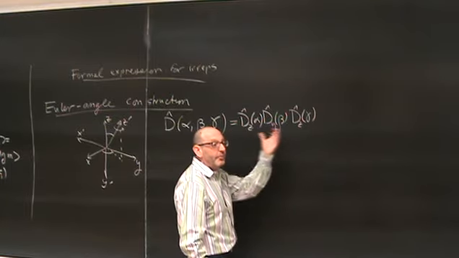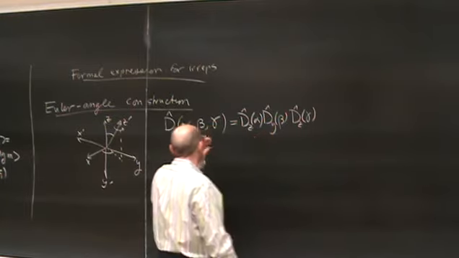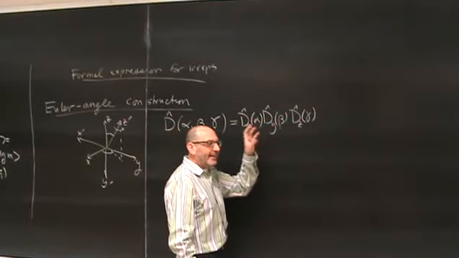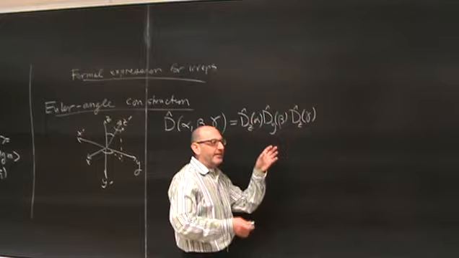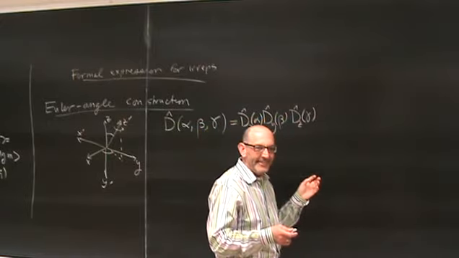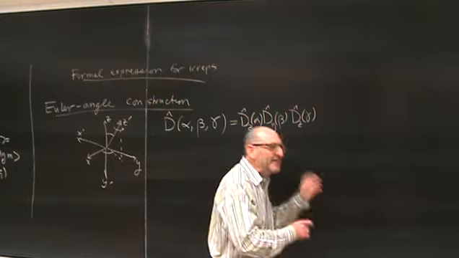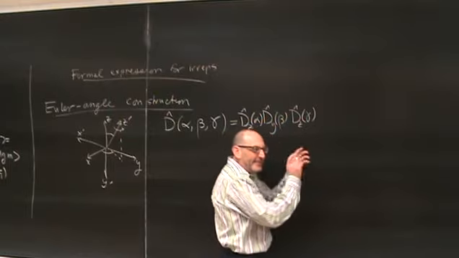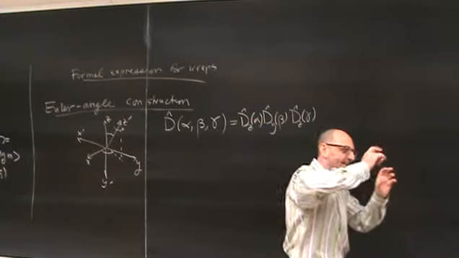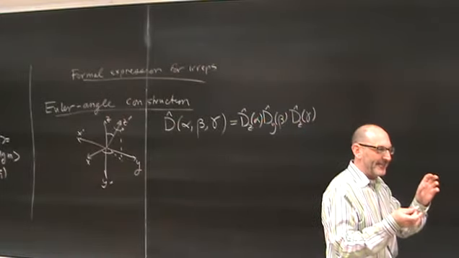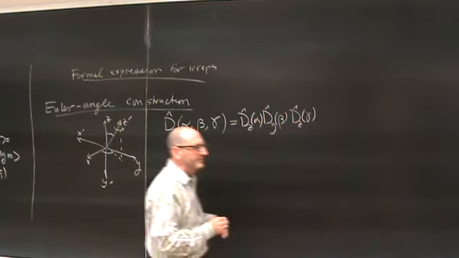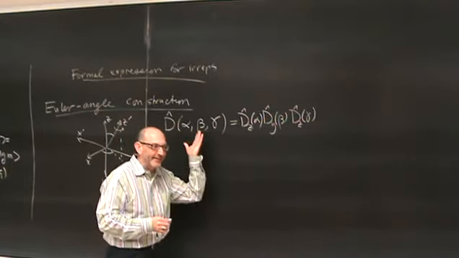So what this says is I can generate a rotation around an arbitrary axis by just rotating in sequence around y and z without ever rotating around x. I can do that because y and z rotations generate something that looks like a rotation around x, because they don't commute. That's why this works. If they commuted, it wouldn't work.